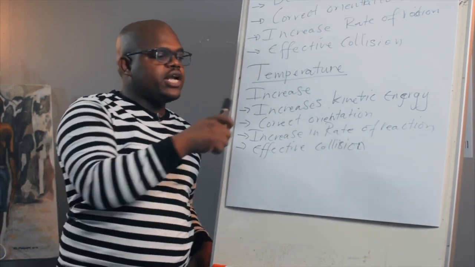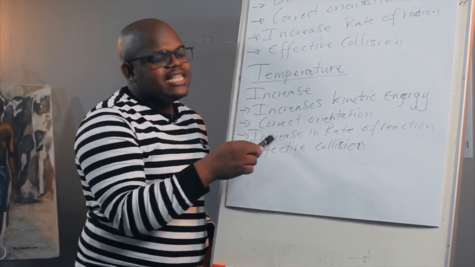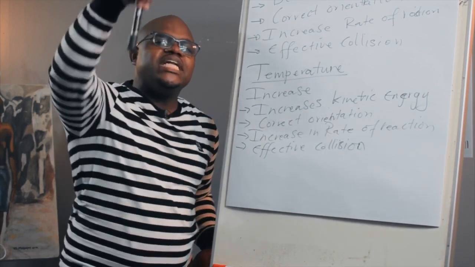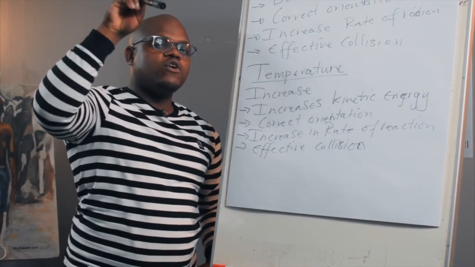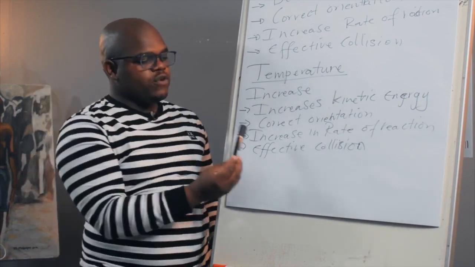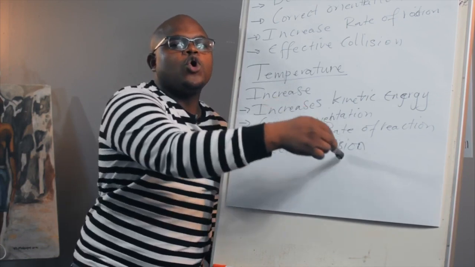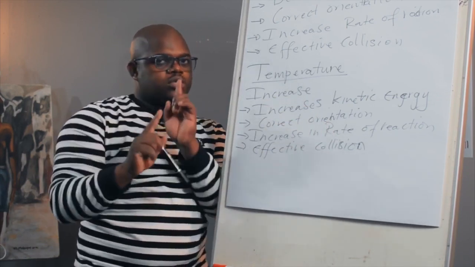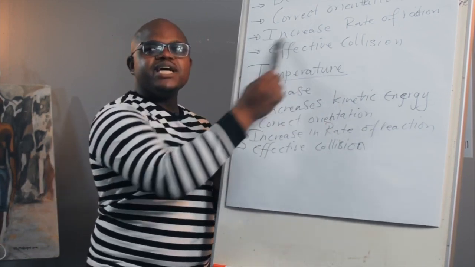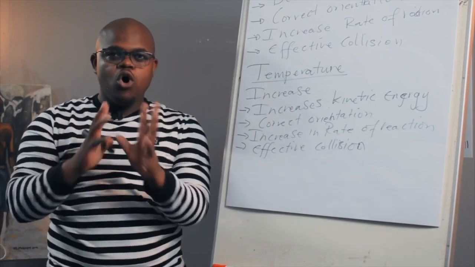If there is not a correct orientation, the rate of reaction will decrease. If the rate of reaction decreases, that means there is ineffective collision. Okay, so note that one, because when it comes to temperature, they play with it more often.